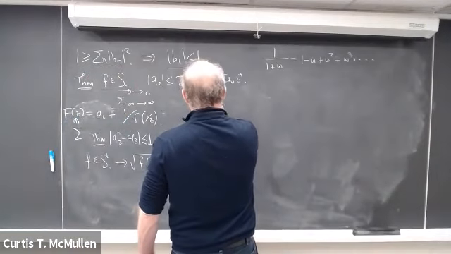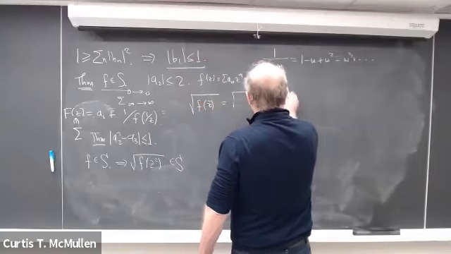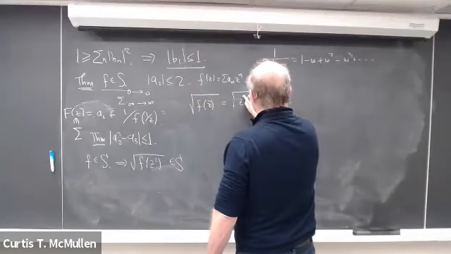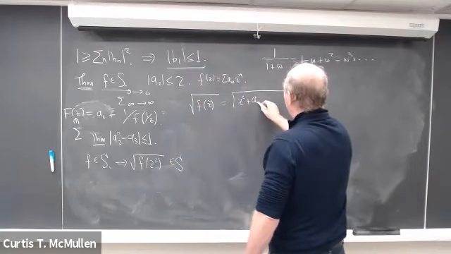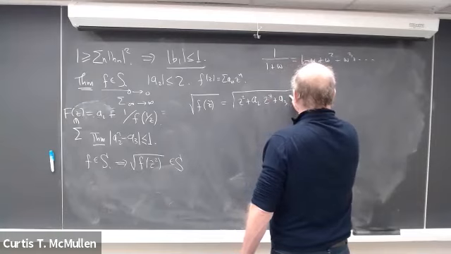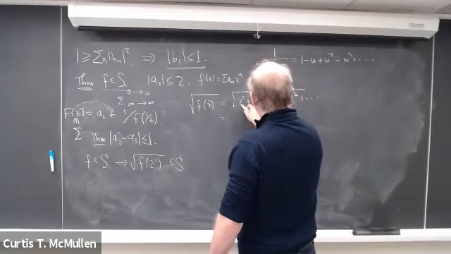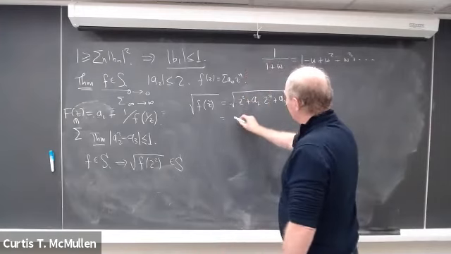So the square root of f of z squared is the square root of, and then we have z squared plus a2 z to the 4th plus a3 z to the 6th, and so on. And then we can factor out the square root of z squared and call that just z.